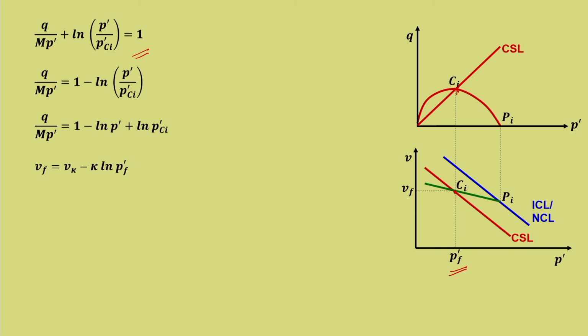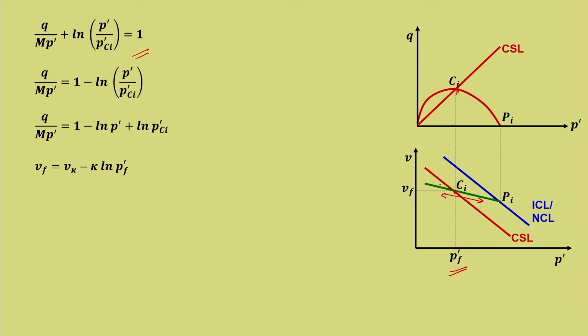Now, from this we can always write Vf is equal to Vkappa minus kappa ln p'f. Why? This is the point and that point lies on this particular line as well. Now, how do we represent this loading unloading line?